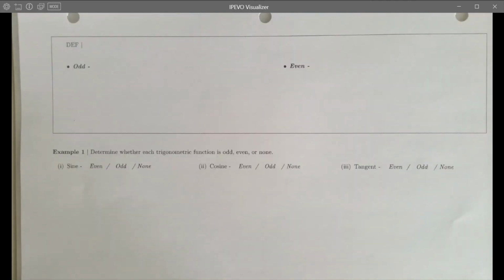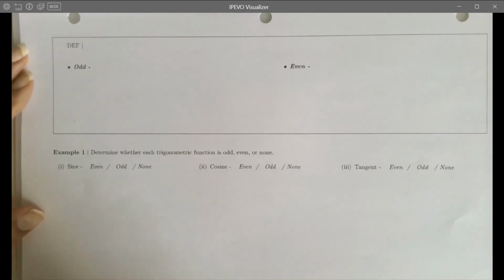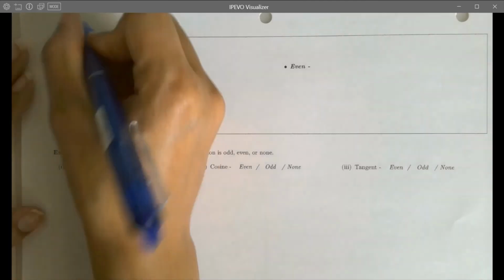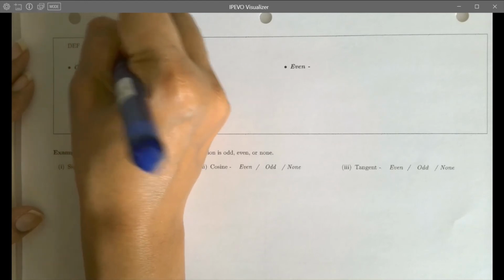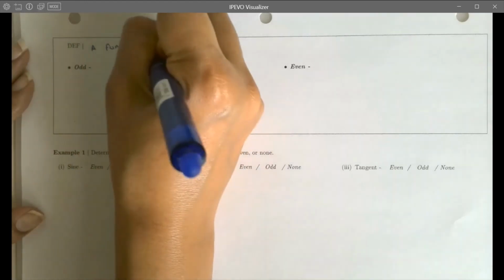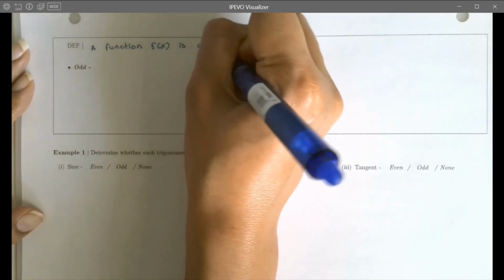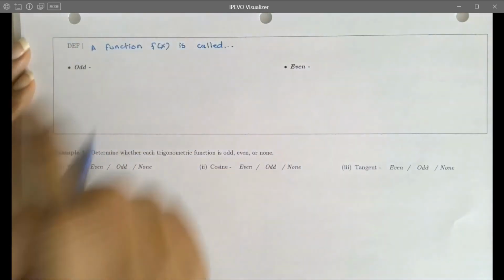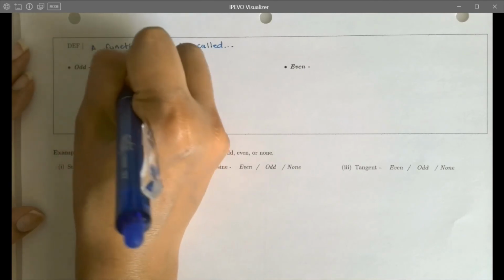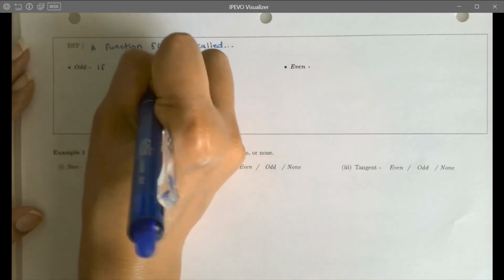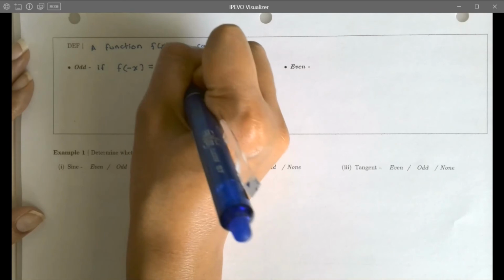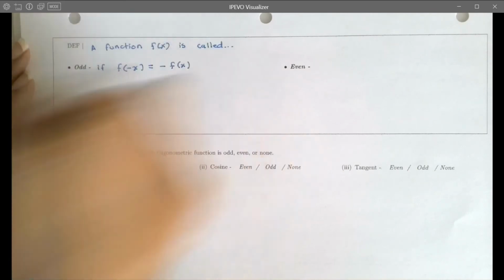That brings us to the final definition that is part of this set of lecture notes, and that is a definition for even and odd. Okay, we're going to say that a function f of x is called odd if f of negative x gives you the same thing as -1 times f of x.